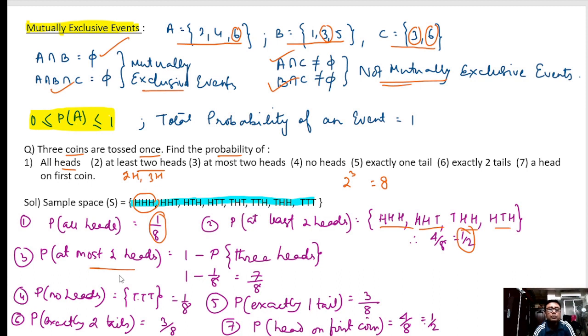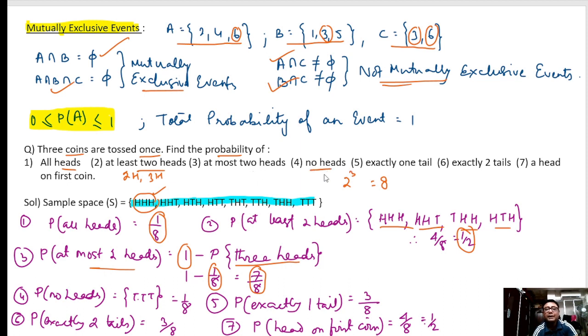At most 2 heads. That means you can have 0 head, 1 head and 2 heads. That means you have to leave the probability of 3 heads. So what is the total probability? Which is 1. From that we will leave the probability of 3 heads. 3 heads there is only 1 time. So 1 minus 1 by 8 is 7 by 8.